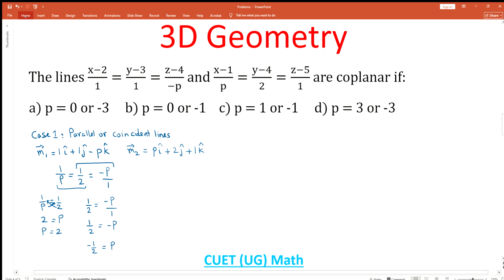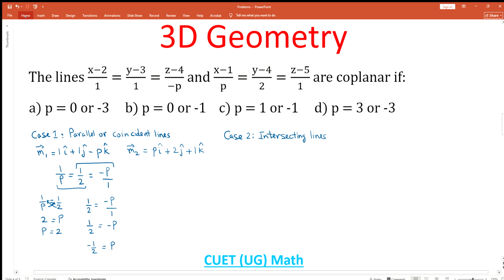The second case is that these lines are intersecting lines. Then the minimum distance between these two lines is 0, because they cross each other at a point. So at that point, the distance between them is equal to 0.